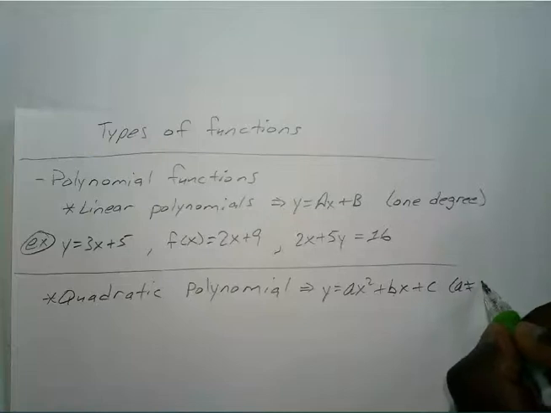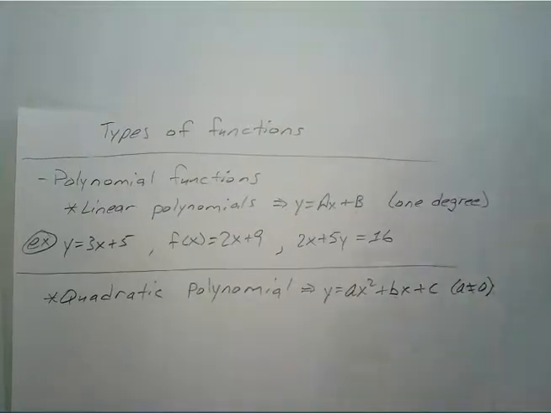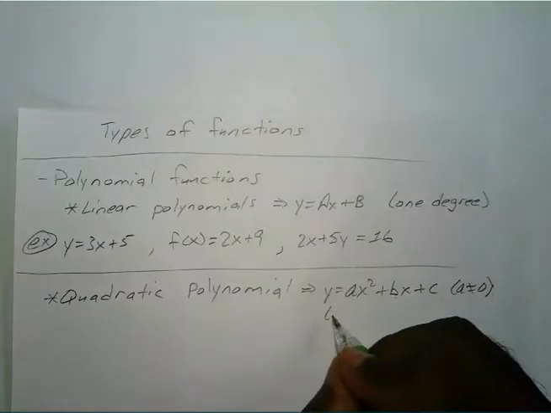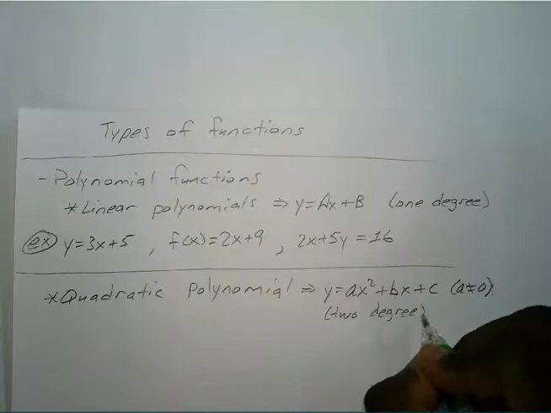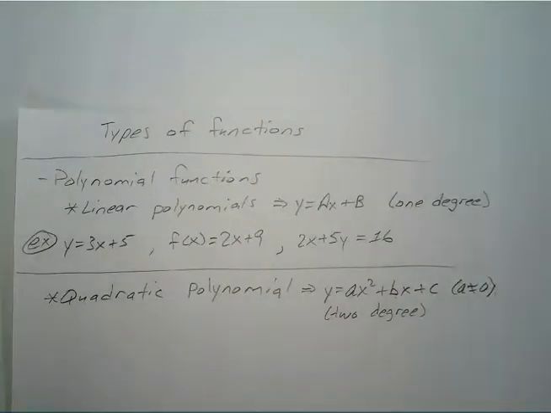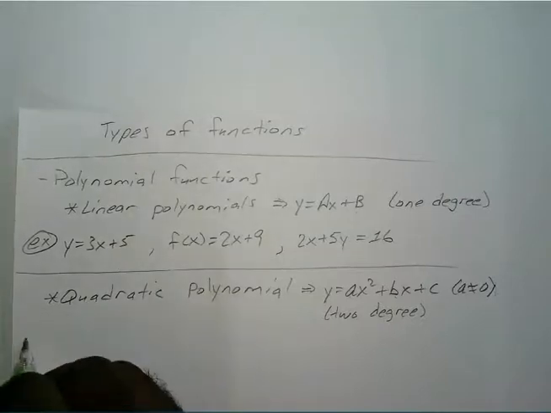And we know that a does not equal 0. And these are 2-degree polynomials. Again, we'll explain what degrees are and how to find them in a little bit.